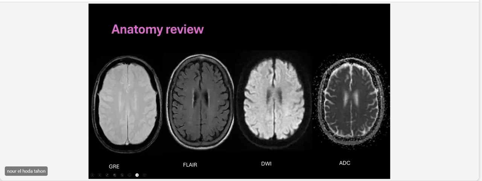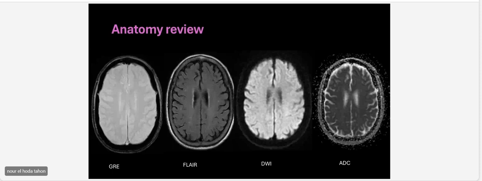But still, you need to know the difference between these changes, because in some patients you can see confluent and really extensive changes, and still you can say it is microvascular changes. But if the patient has a tumor, it's important to differentiate the microvascular changes from the vasogenic edema surrounding the tumor.